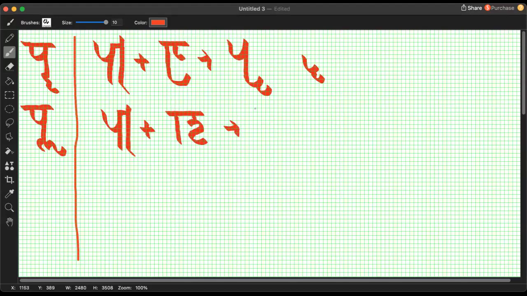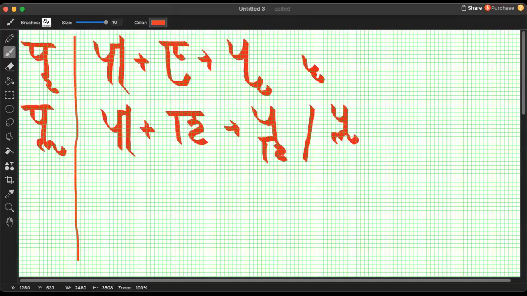Firstly, I'll show you. If you're writing this Aldru with per, either it can be written like this, or it can also be written like this.